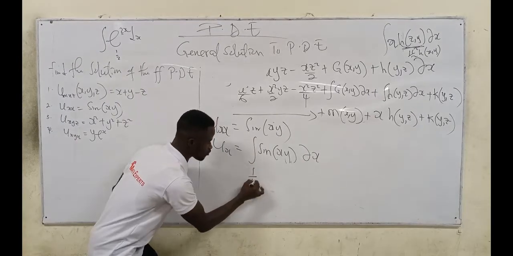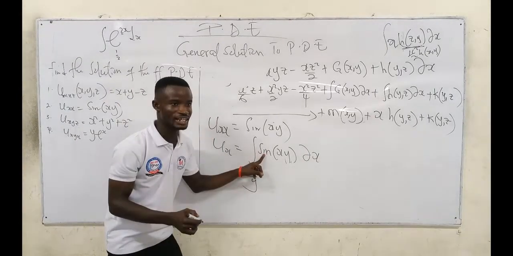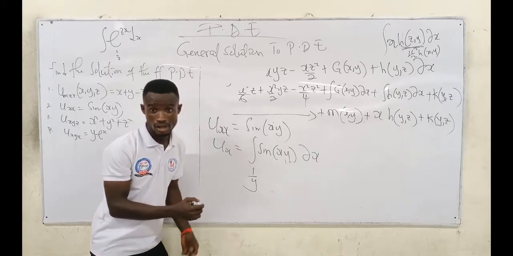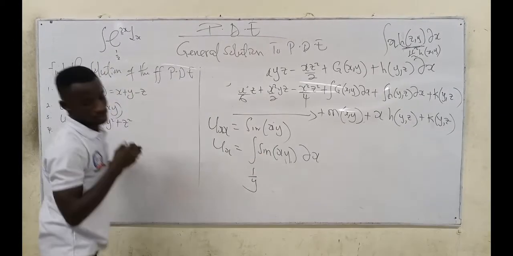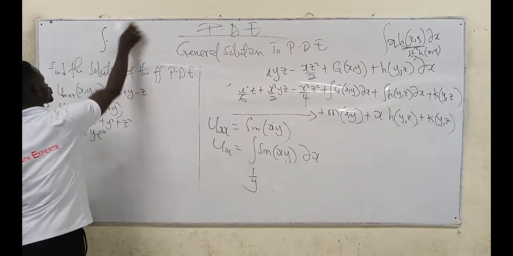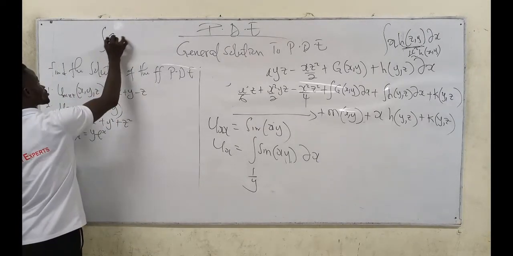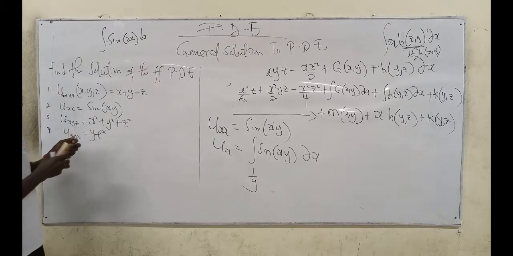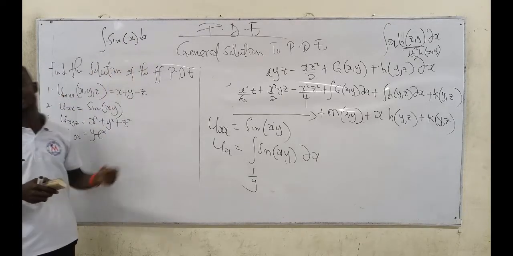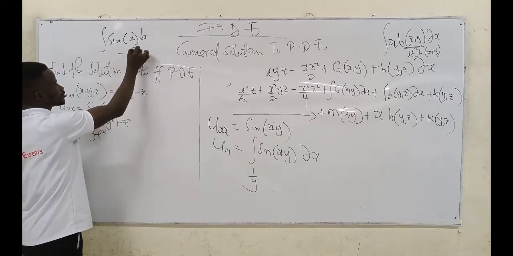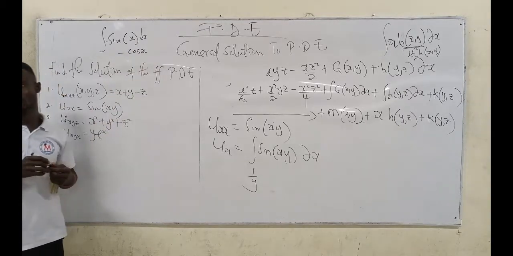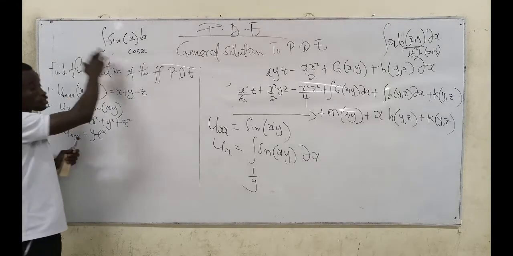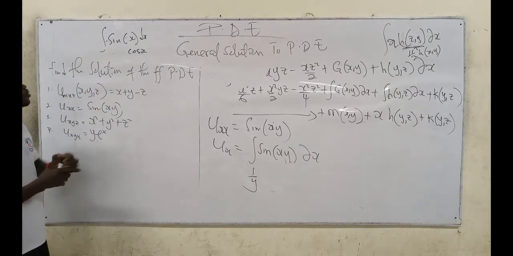Okay, so this will be 1 over y. Then when you integrate this, you get what? Negative 1 over y cos, right? You know that when you integrate sine x, you get negative cos x.